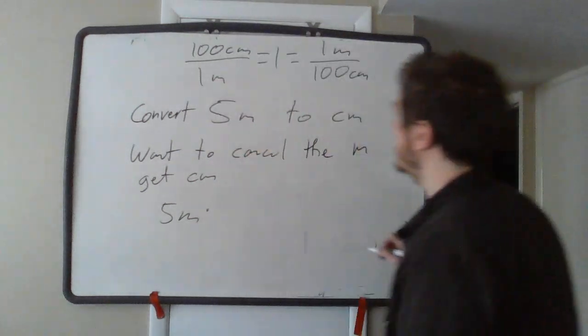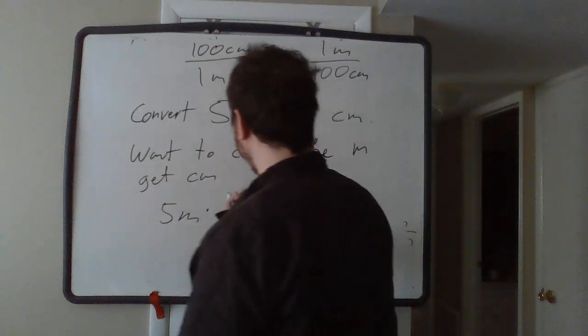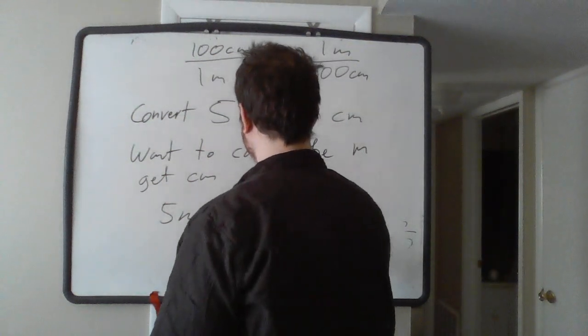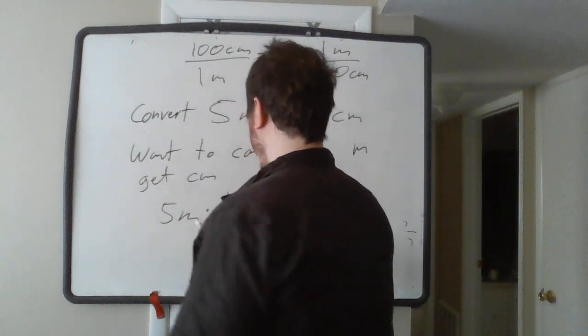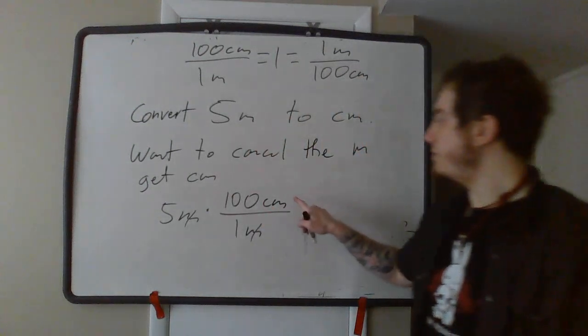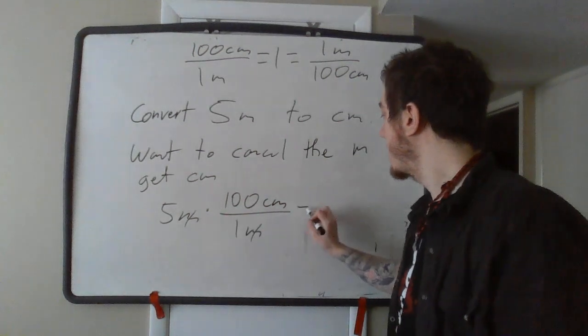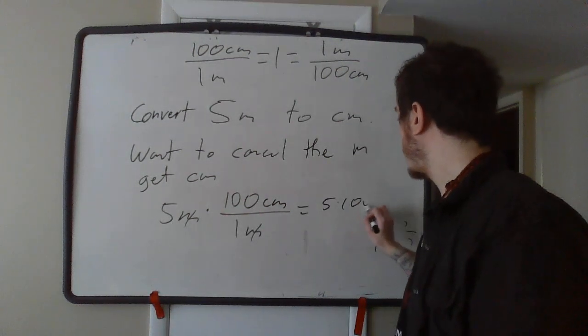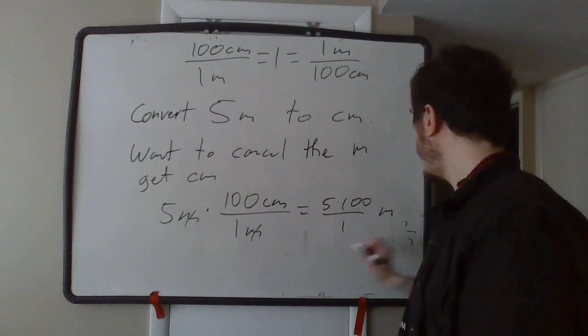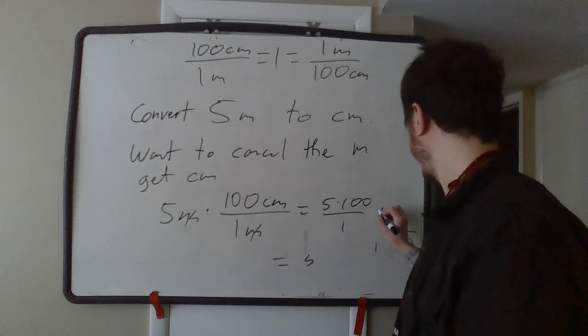If I multiply this by 100 centimeters over 1 meter, then the meter units cancel and the centimeter unit remains. And I get 5 times 100 over 1 in centimeters.